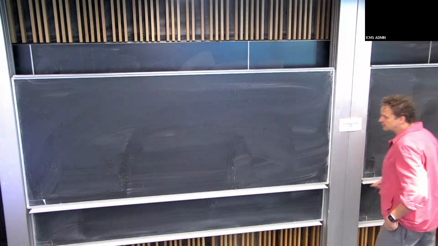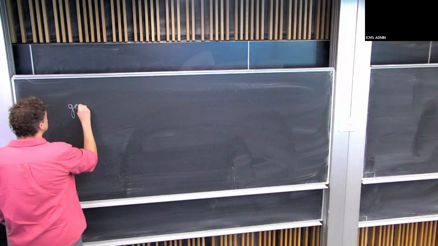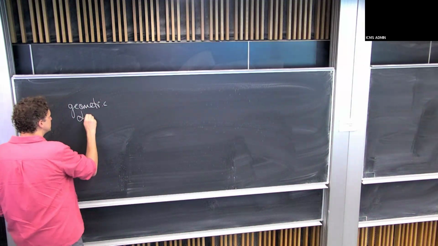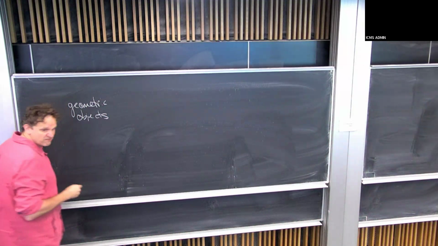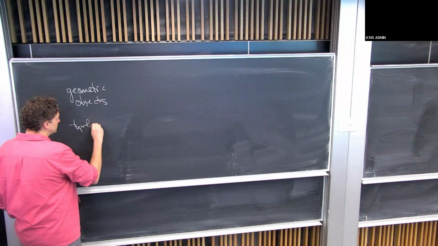So you're interested in a collection of geometric objects of some variety. These things could have very little geometry if you like. They could just be things like topological spaces.